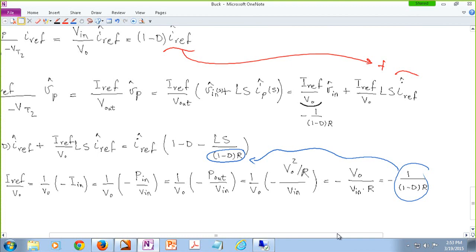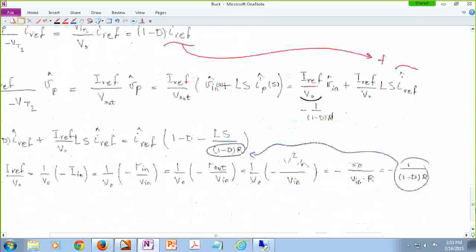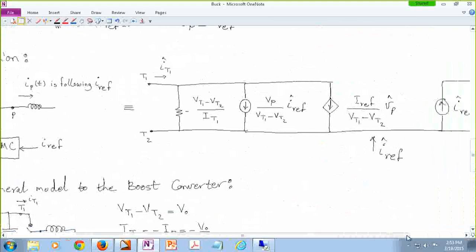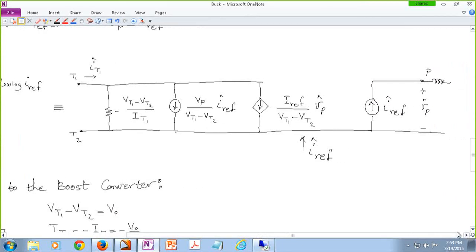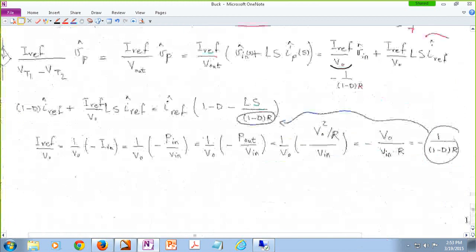All right, so once you have all this math involved, and then in the end you are trying to simplify the original model that we have. So you're trying to actually now plug in all these parameters that you have found in this model. So this is what it is going to look like. So we are looking at the boost.